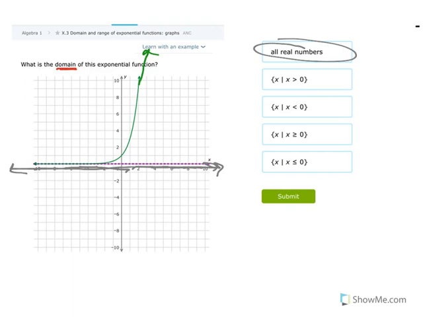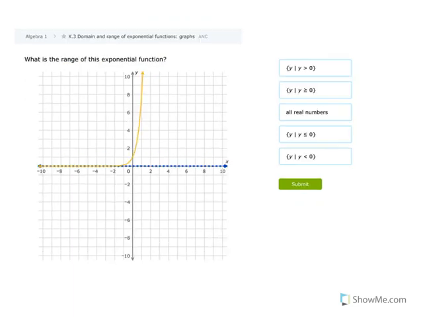And looking at the next question, they want to know the range, so all the possible y values. Looking at this graph, it's approaching the x-axis. It's never going to touch the x-axis. So all your y values are going to stay greater than 0, and we need to find that in the answer.